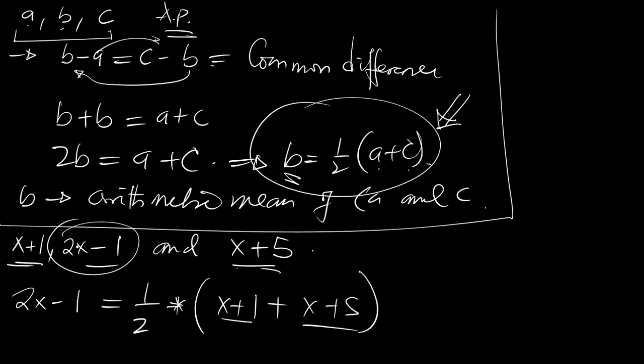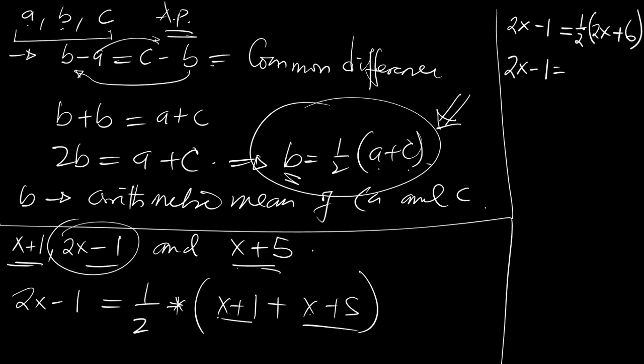It now implies that 2x minus 1 is equal to half times, now x plus x will give you 2x, plus 1 plus 5 will give you 6. So you now have 2x minus 1.